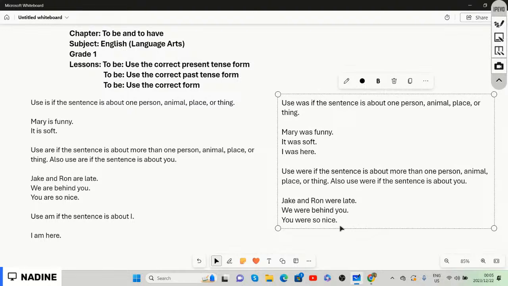All right, so when it comes to the present tense form of to be, then we're going to use is.